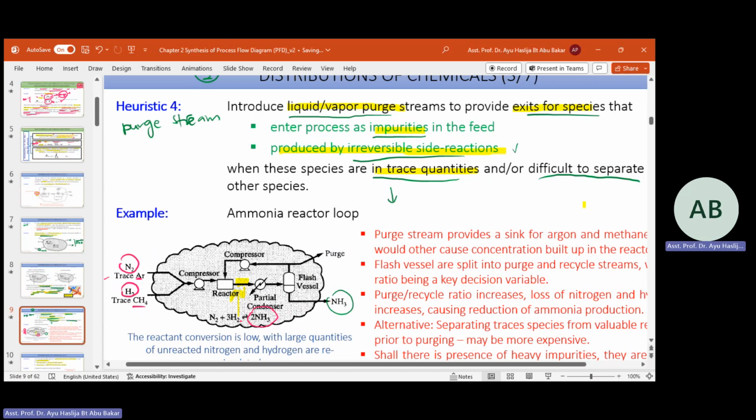So in your product stream over here, you have NH3 plus the argon plus the methane, traces of these gases. You need the pure NH3. So the product stream is fed into the flash vessel to separate the traces of argon and CH4. So purge over here means the argon and CH4.